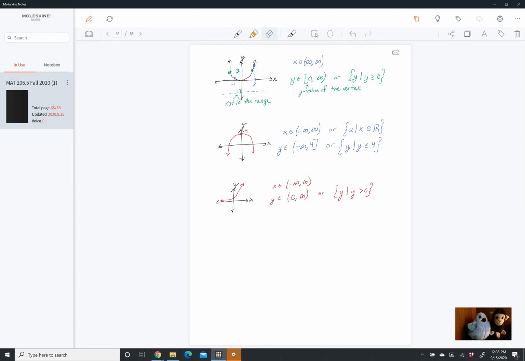We said a domain of a function consists of all possible inputs. What is a possible input? The x value has to have a corresponding y value, and that corresponding y value needs to be real and defined.